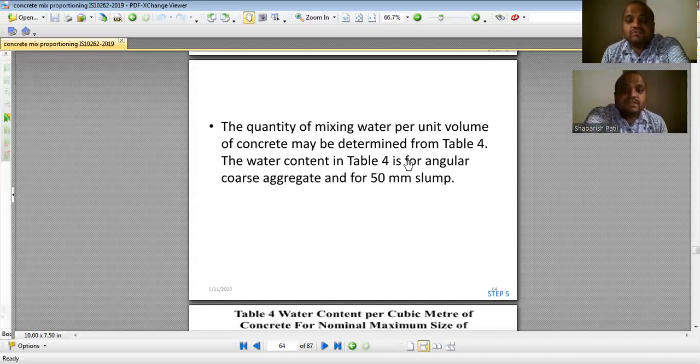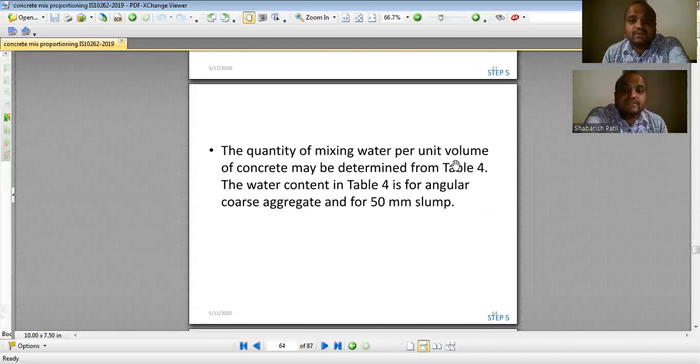The quantity of mixing water per unit volume, that is 1 cubic meter of concrete, may be determined from Table number 4 of IS 10262. The water content in Table 4 is for angular coarse aggregate and for a slump of 50 mm. There are different types of aggregates.